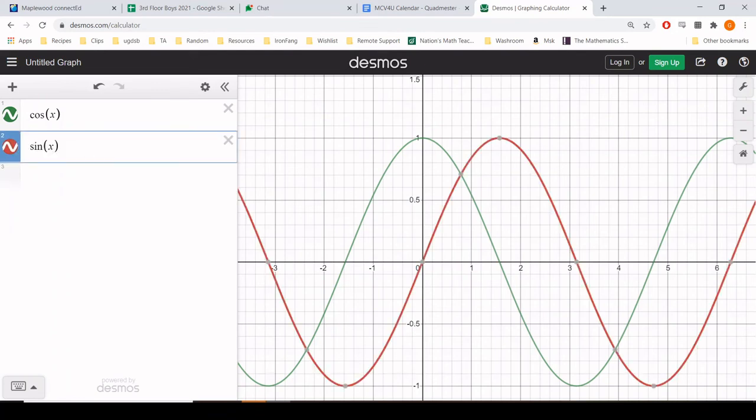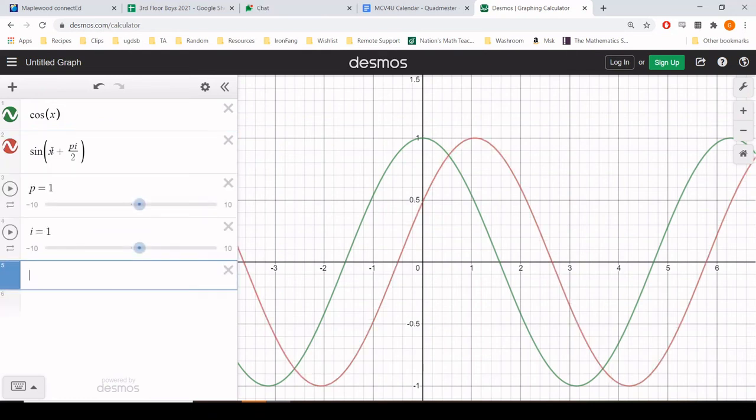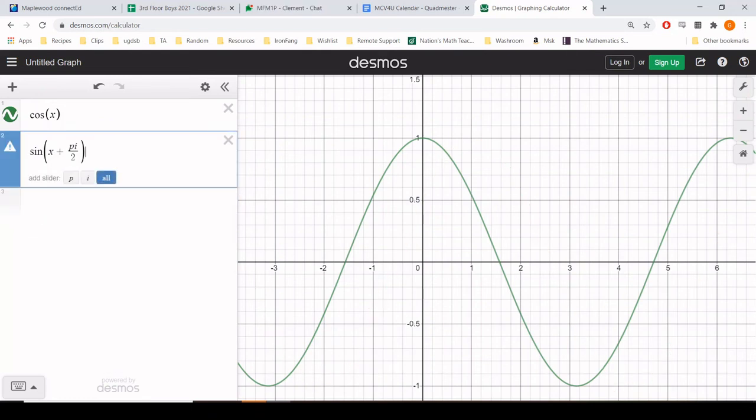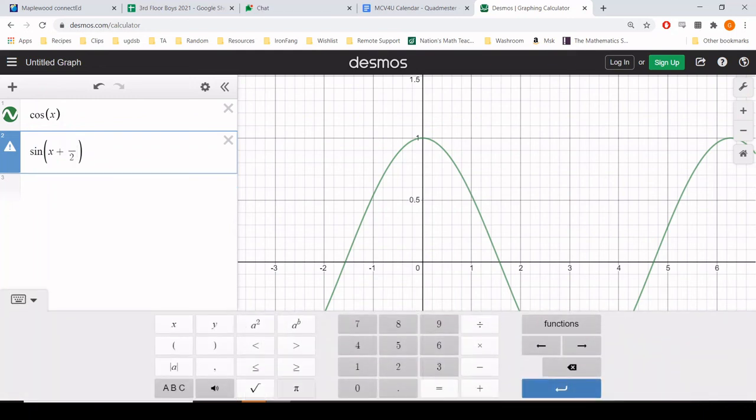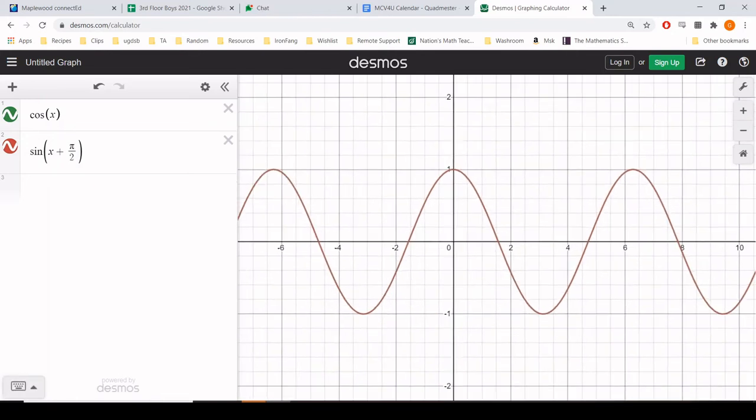To turn sine into cos, you have to shift it by pi by 2. Did I get that right? No, I went the wrong way, didn't I? Yeah, so there we go. Shift it left by pi by 2. Now the two graphs are the same.